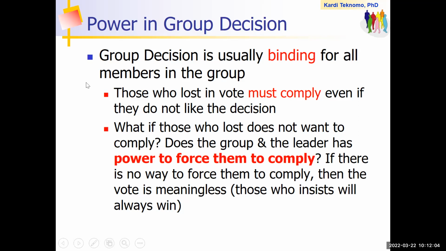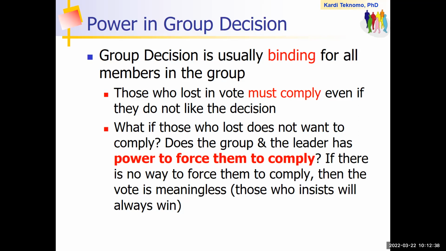It's a shared idea accepted by the majority, then it becomes a kind of consensus, usually binding for the members in the group. So now the most common technique in group decision is to use a vote. Those who lost the vote must comply even if they do not like the decision.